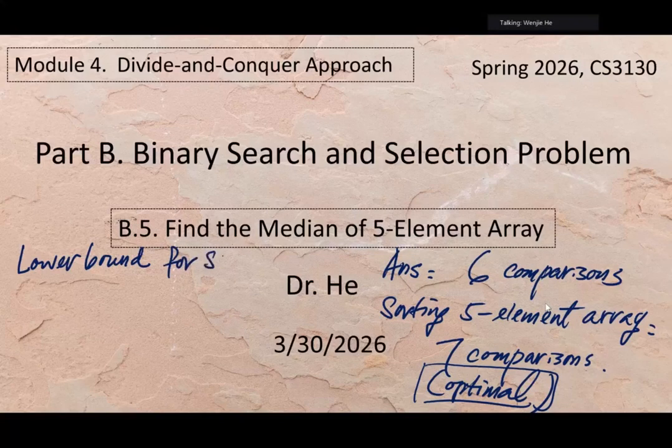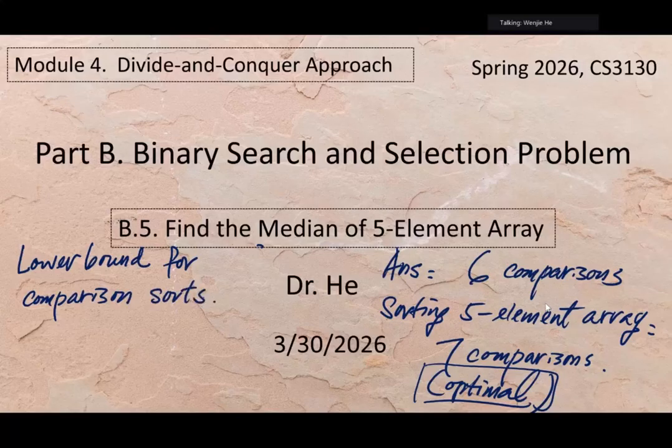Lower bound for sorting. I need to put some description for this: for comparison sorts.